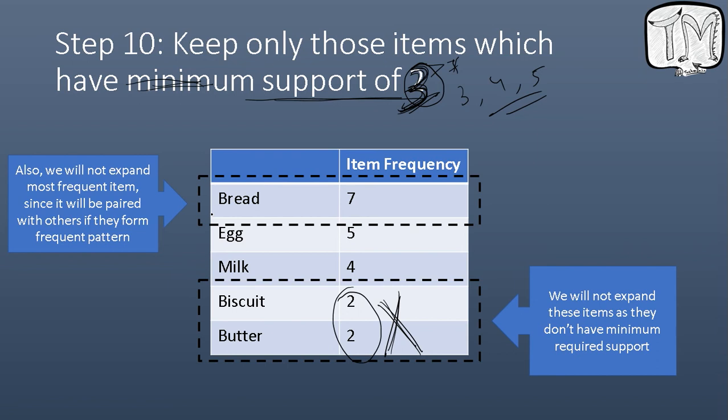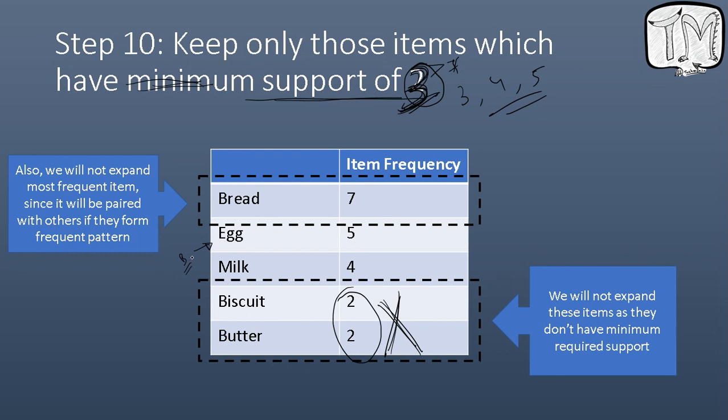Okay, also one more thing to note here, bread, as you can see, is the most frequent item. So if we create any superset, it will in one form or the other contain bread. Okay, so separately we are not going to create any supersets of bread. Why? For example, egg is appearing 5 times. In some superset of egg, bread will also be contained along with it.